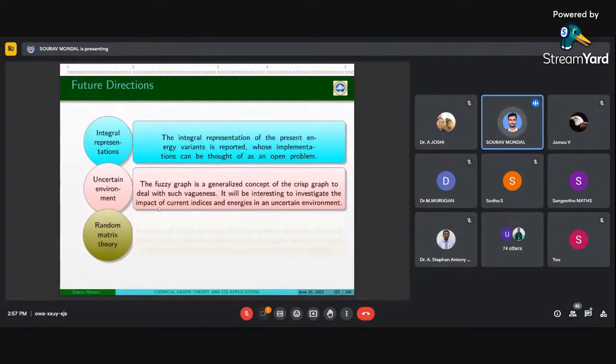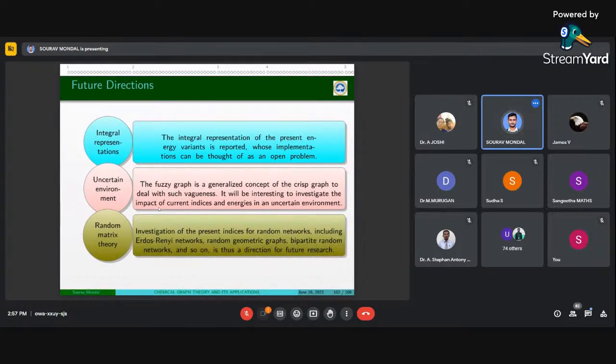Some recent works on random matrix theory suggest that topological indices and the well-known random matrix theory can be helpful in the study and characterization of random matrix models.